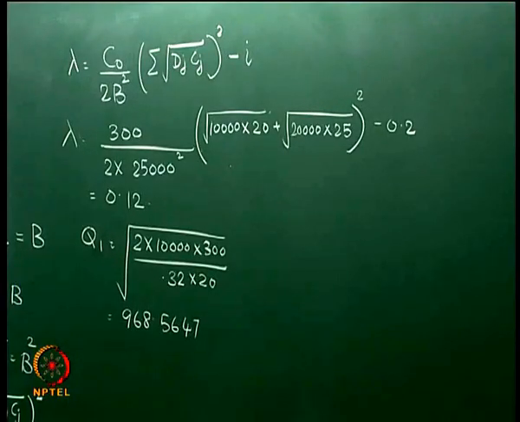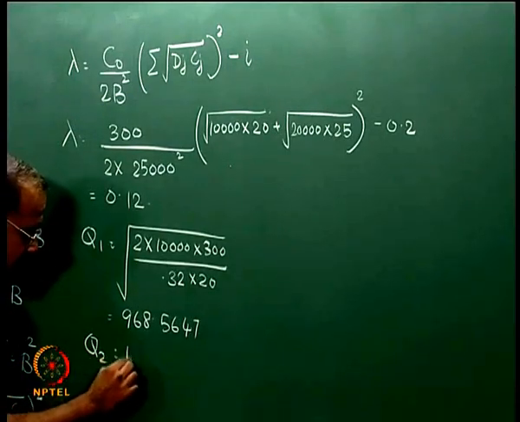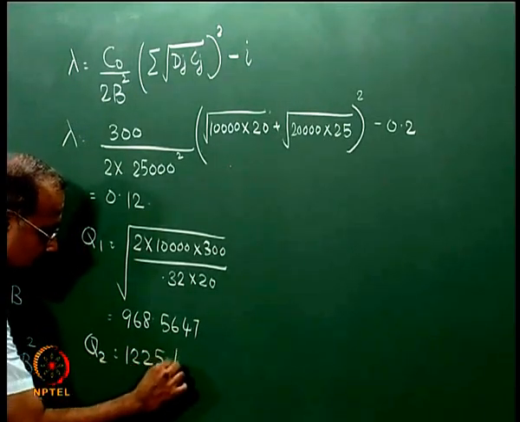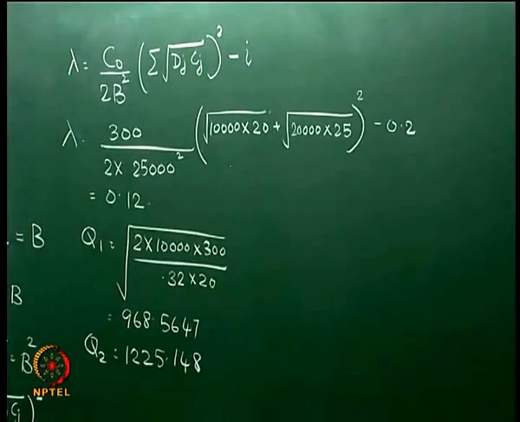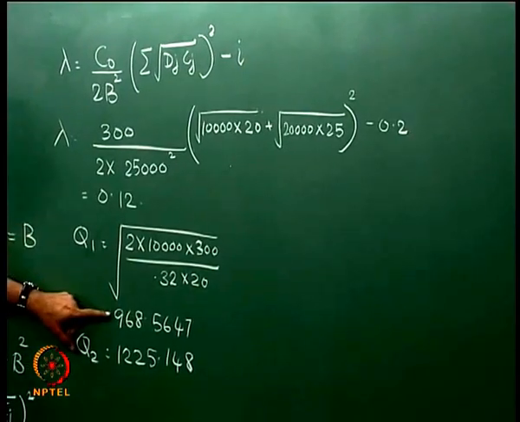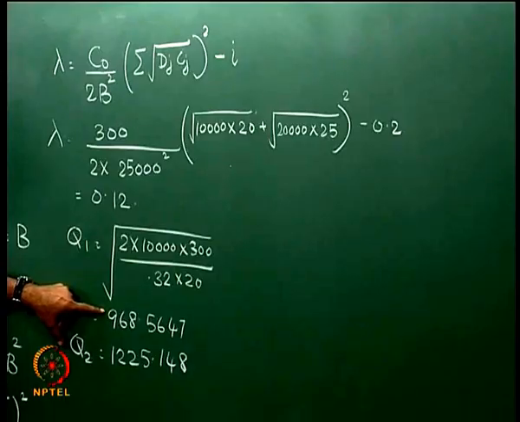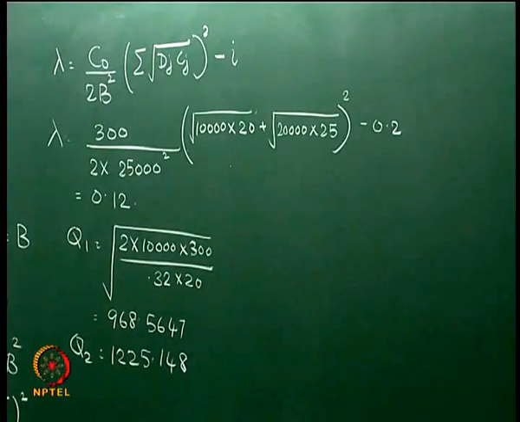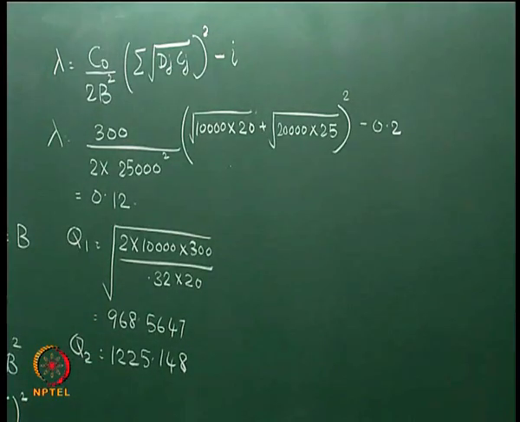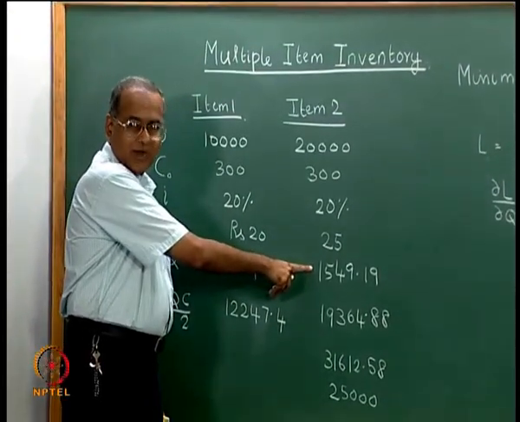And Q2 is 1225.148. So, we observe that the order quantities have come down, they have become 968.5647 and 1225.148 as against 1224.74 and 1549.19.